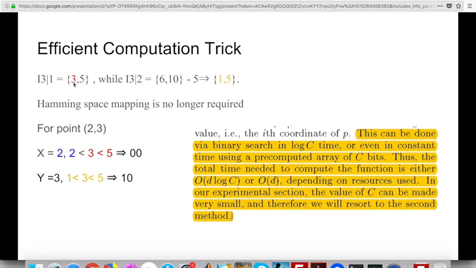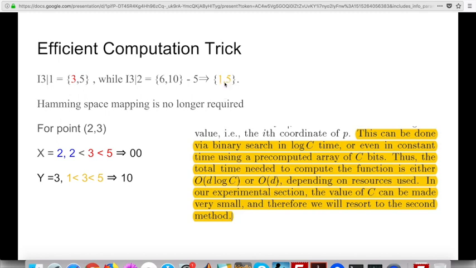So 2 is less than 3, so it is less than all the elements in this set. This means that the projection of B on I3,1 will be a number of zeros. It has to be zeros. The number of zeros is equal to the number of elements in this set, which is 2. We have 2 elements here, so it becomes 0 and 0. For the y coordinate, we try to find the index of 3 inside this set.